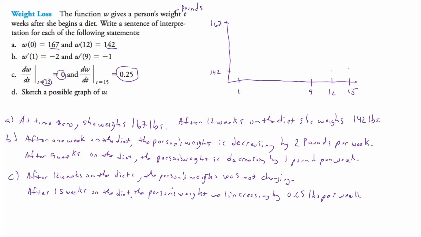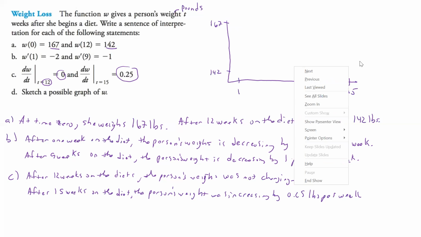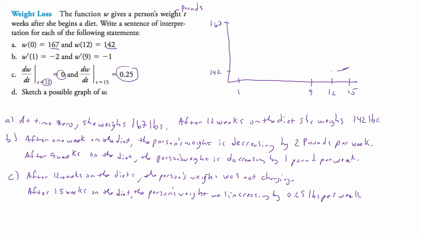We know at week 15 we're going up, and we're going to plateau here, then start going up and go higher until something like that. So this is the curve down, and then it's starting to curve back up here again.